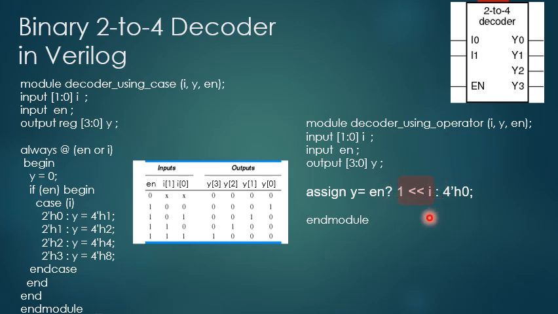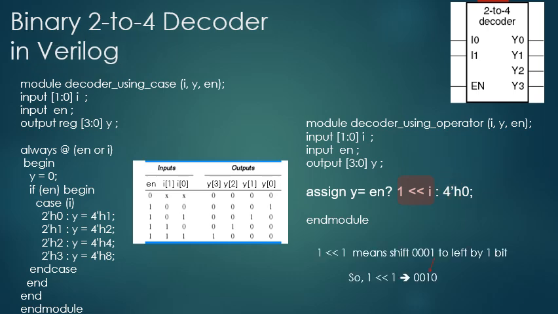Okay, where you will first put the condition before the question mark, and then followed by the true statement when the condition is true, and followed by colon, and followed by the false statement, which means what happened when the condition is false. Okay, so this is a very compact coding. As you can see here, we can just use the shift operation to describe the decoder.